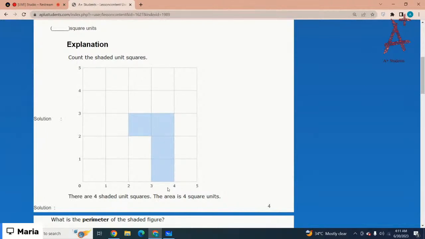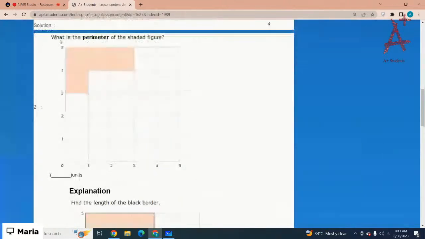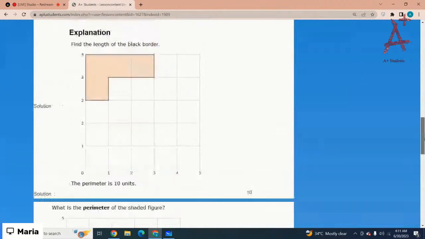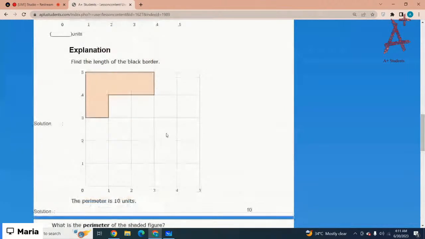Okay, that is for the area. And for the perimeter, what is the perimeter of the shaded figure? So for the perimeter, what do you have to do? You have to count the length.